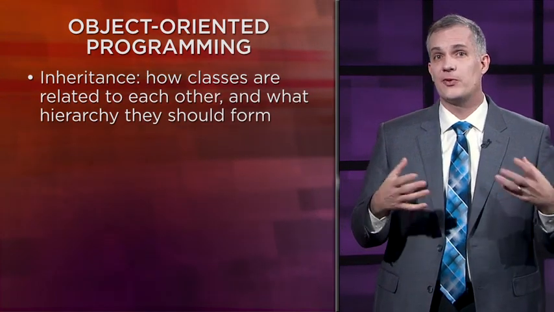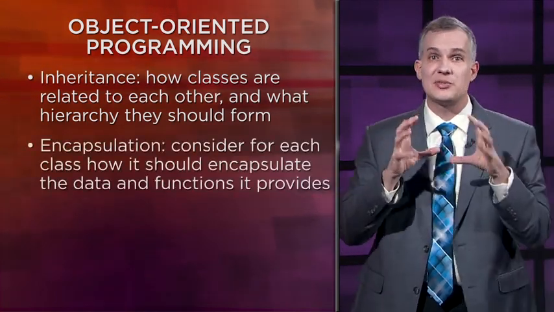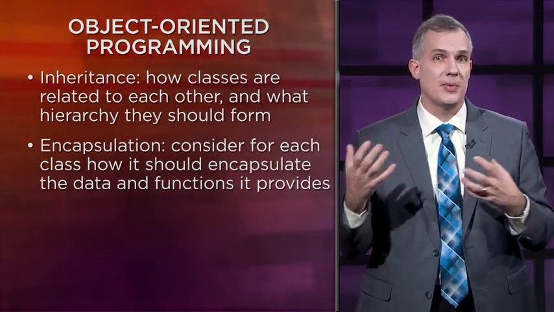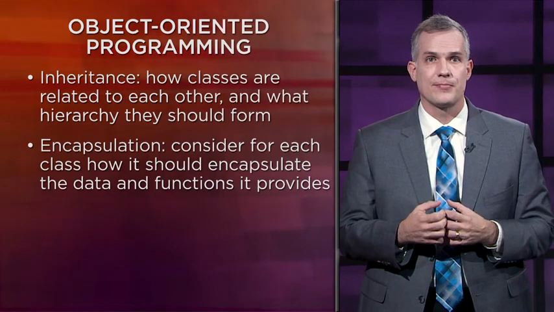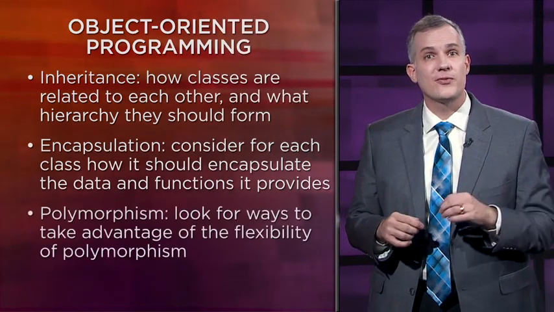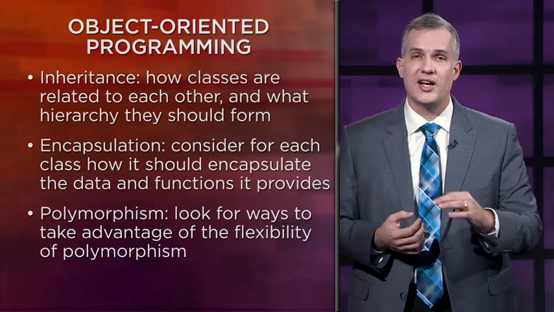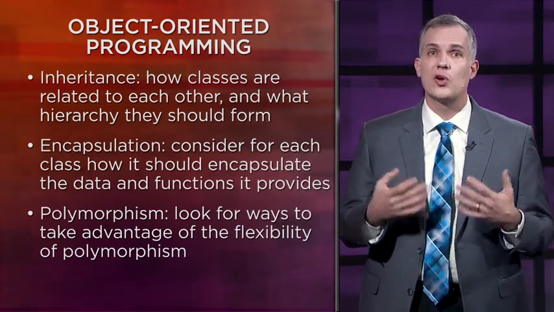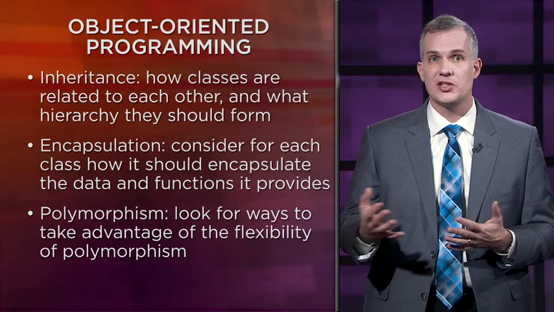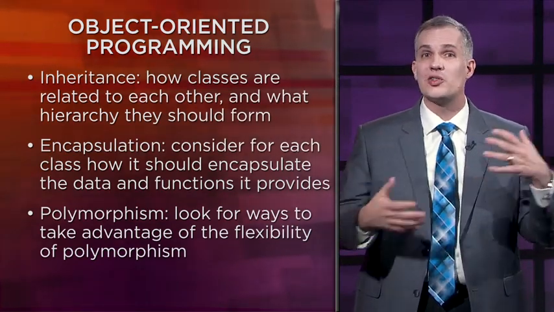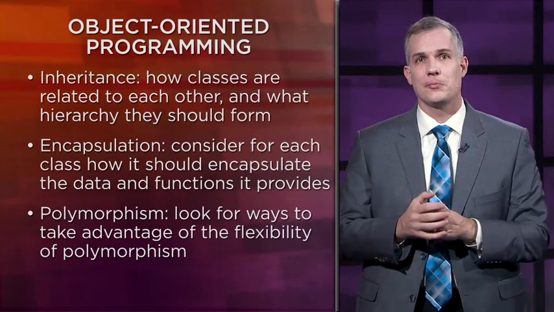And we should consider for each class how it should encapsulate the data and functions that it provides, including what elements should be public, private, and protected. And we can look for ways to take advantage of the flexibility of polymorphism. The child classes all inherit one or more common goals by way of virtual functions, but each child reaches those goals by applying its own particular talents in its own unique way.